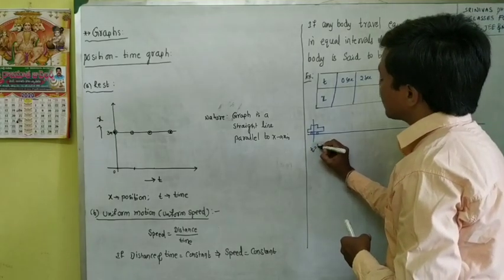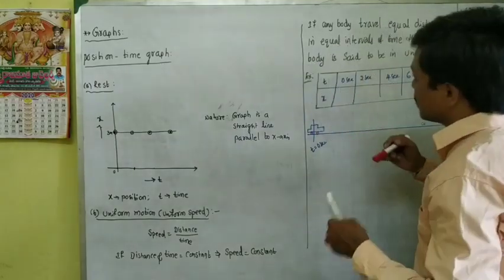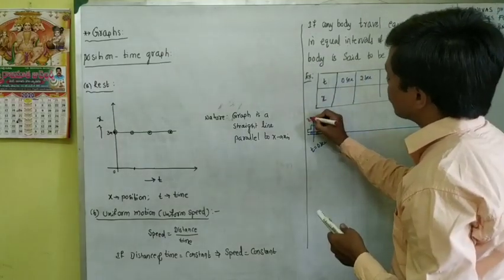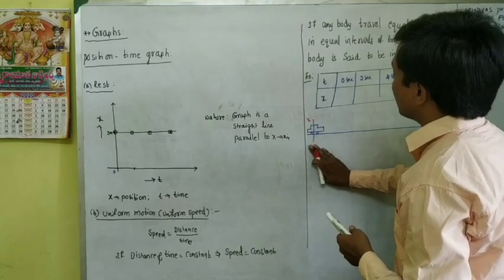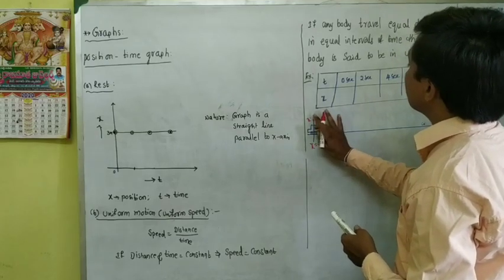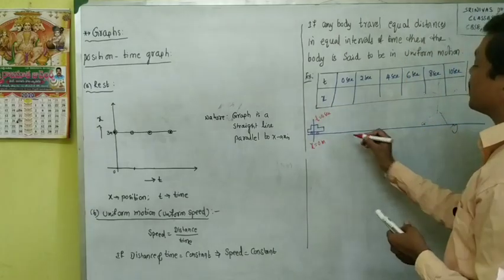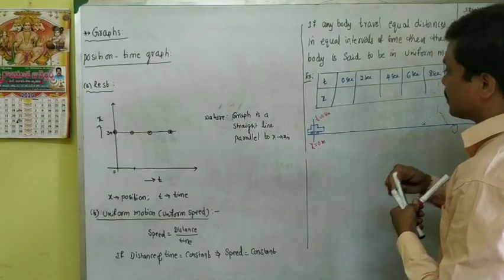It starts from the origin at t equal to 0 seconds. It does not travel any distance. The position we will take as 0. This is the 0 meter position at time t equal to 0 seconds. After some time its position changed.